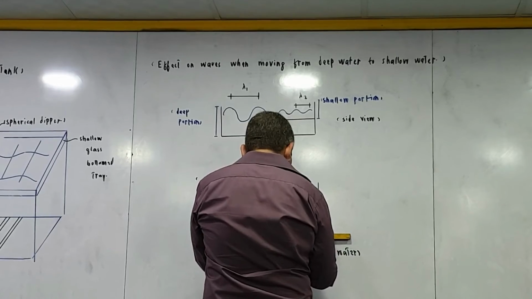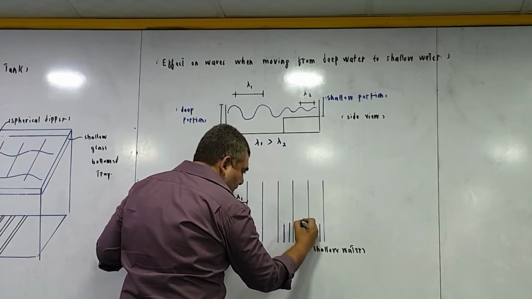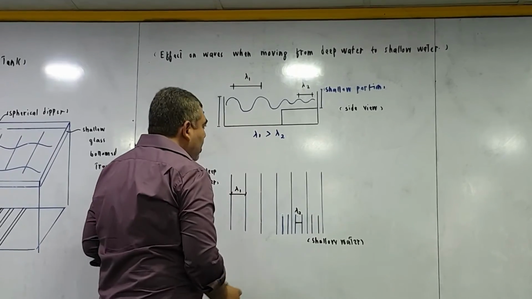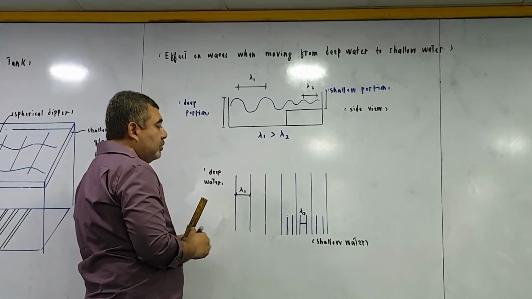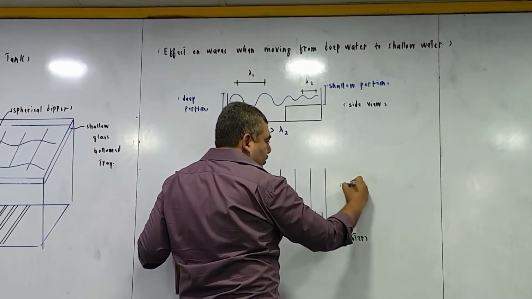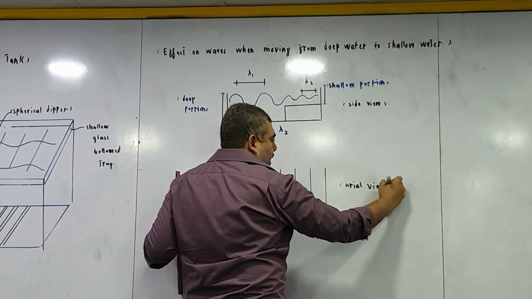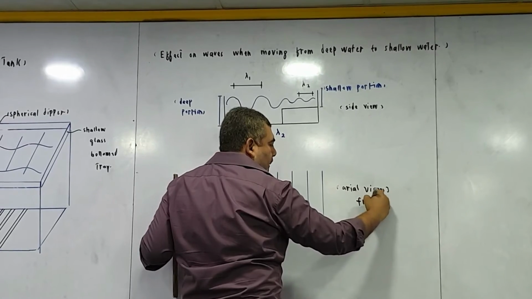Wavelength is lambda 2, and lambda 1 is greater than lambda 2, और इसको हम कह सकते हैं aerial view. Aerial view means it's from above.